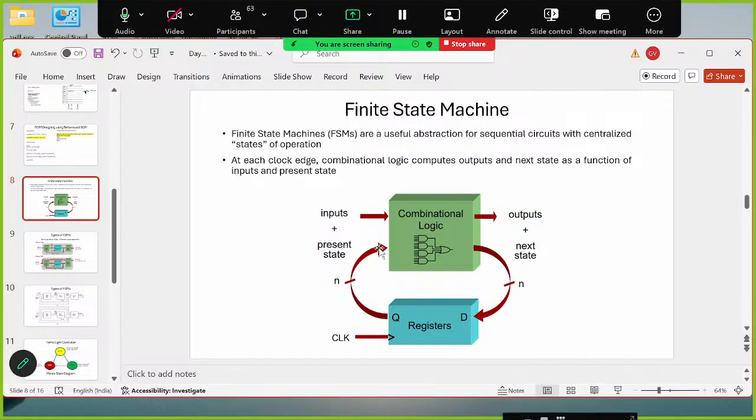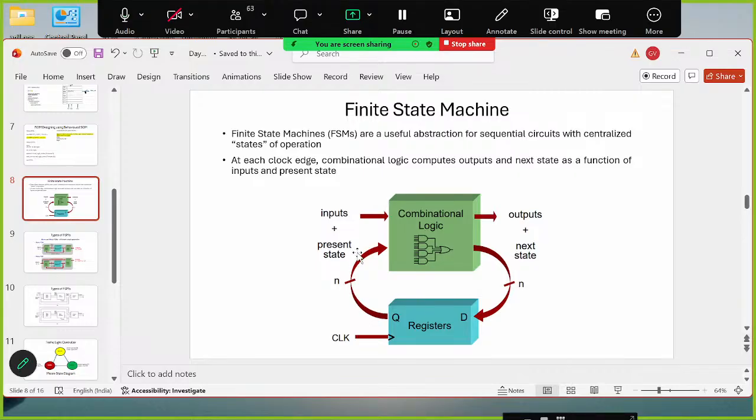Once 0, 0, 1 is the present state, the next state should be 0, 1, 0, and that 0, 1, 0 would be the present state. Similarly, it keeps on doing this. Once it reaches 1, 1, 1, what would be the next state? The next state should be 0, 0, 0. It will come to the same position from where it started.